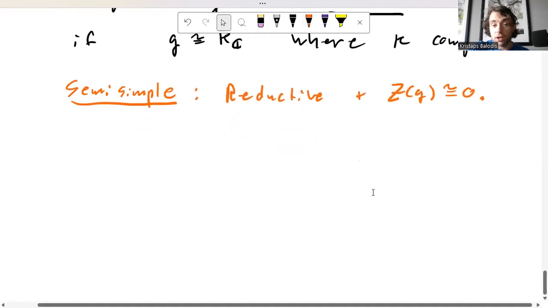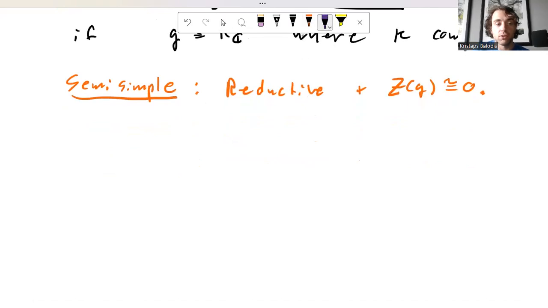And finally, one other term that we're going to need is the compact real form.